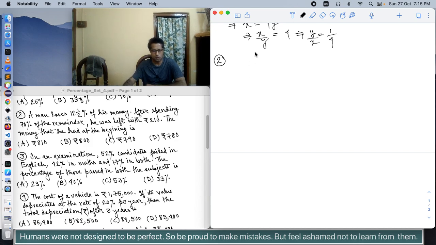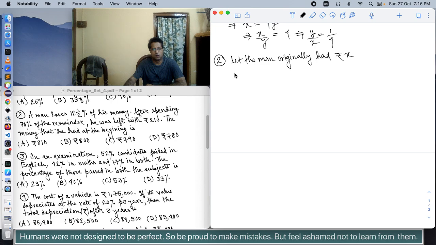Okay, so whatever the unknown is, it is a standard way that we always assume that unknown to be a variable. So let the man originally had rupees x.